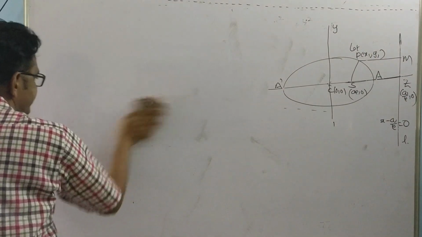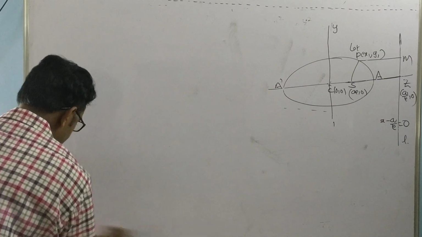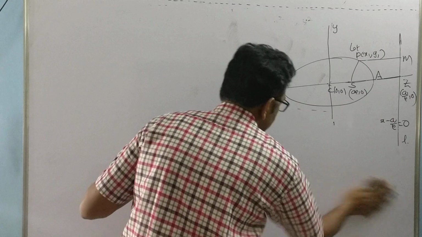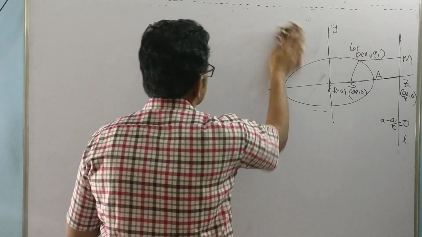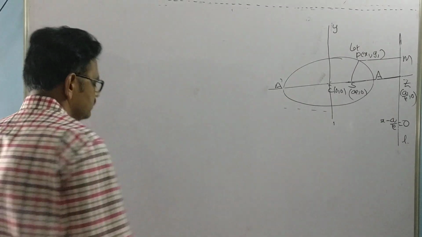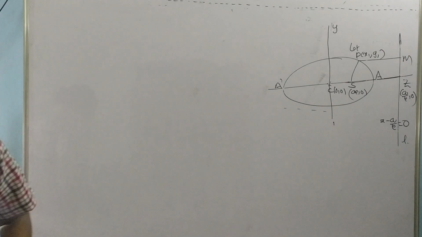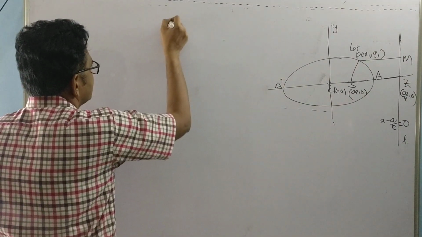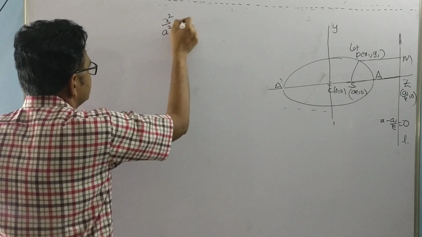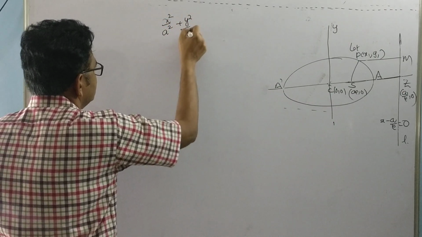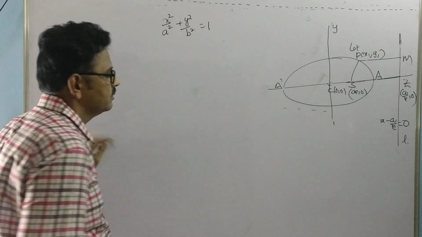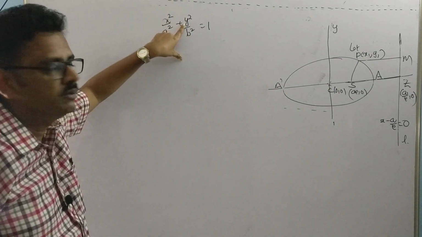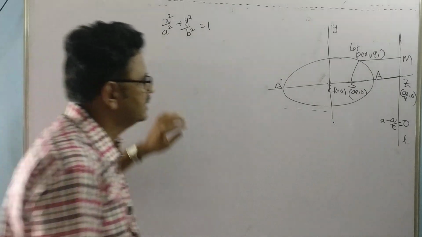Here, first point. In this ellipse equation, x square by a square plus y square by b square equal to 1, put y equal to 0, x equal to plus or minus a.